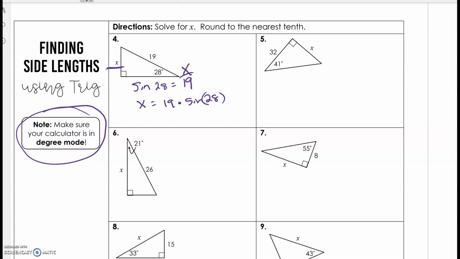Now when you're doing sine of 28, make sure you close the parentheses, especially if you're typing in a sine function or any function before you do the multiplication. All right, so here I multiply 19 times sine of 28, and I get x equals 8.9.